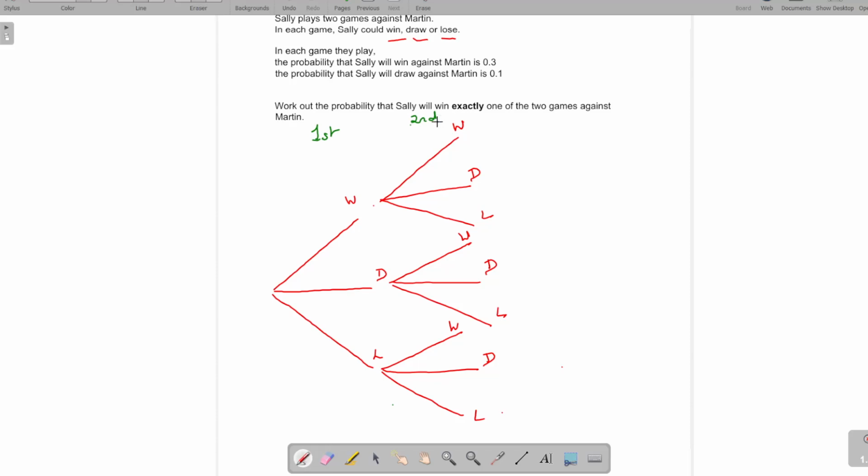So each game they play, the probability that Sally will win is 0.3. Sally will draw 0.1. That means losing is 0.6. So each game is the same. So let's put the numbers in. 0.3, 0.1, 0.6.